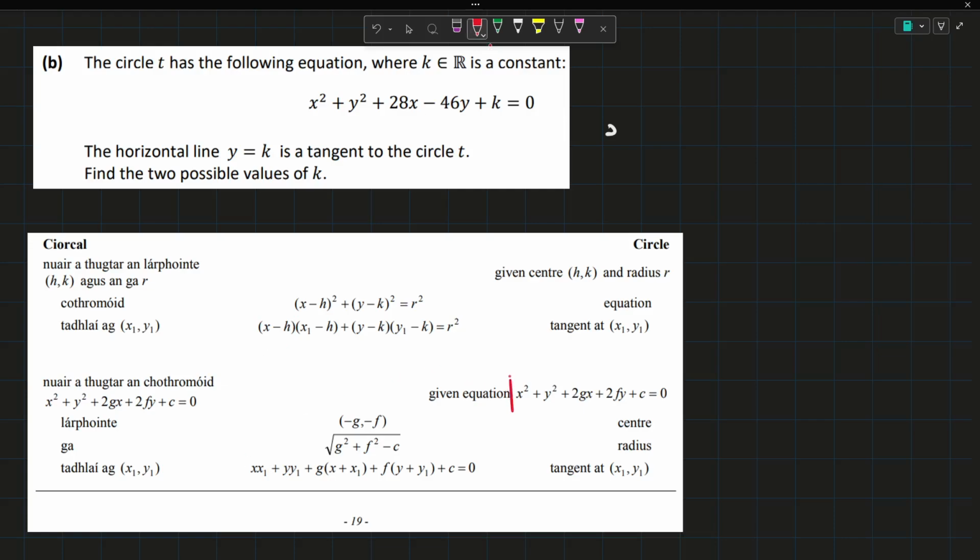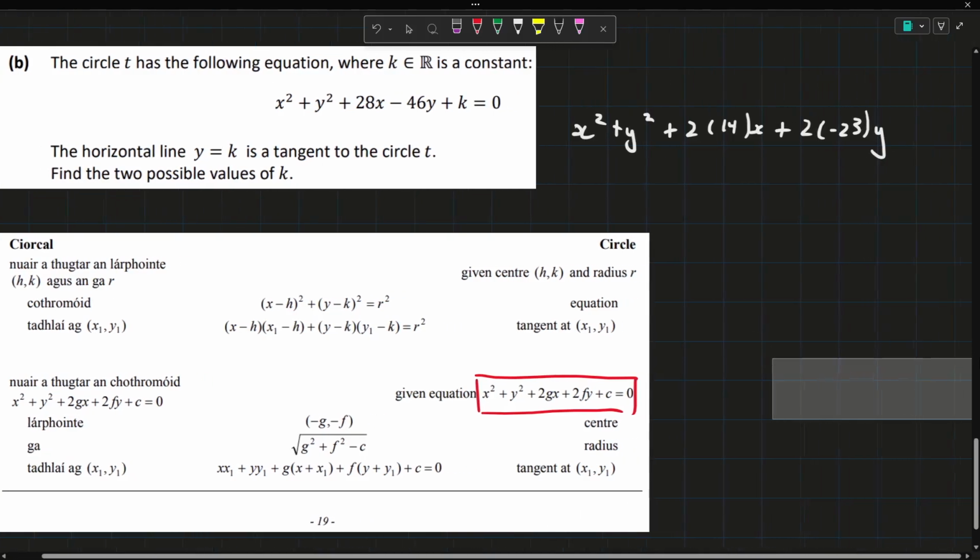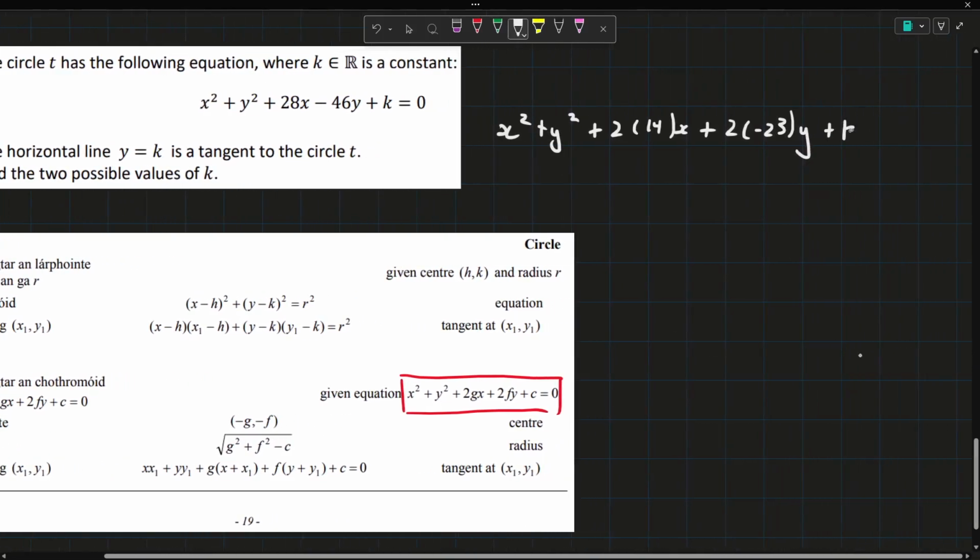This time we're going to use this equation of the circle, because that's more similar to what we're working with. So we can rewrite it to look like the equation down there. We can write x squared plus y squared, then 2 times 14 times x, and plus 2 times minus 23 times y, so you have to be very careful there, plus k equals 0.